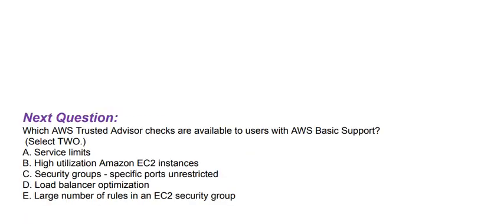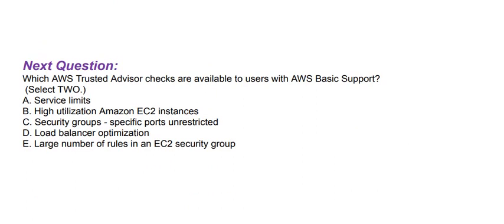Next question is, which AWS Trusted Advisor checks are available to users with AWS Basic Support? Select two options. Option A, service limits. Option B, high utilization Amazon EC2 instances. Option C, security group specific ports unrestricted.